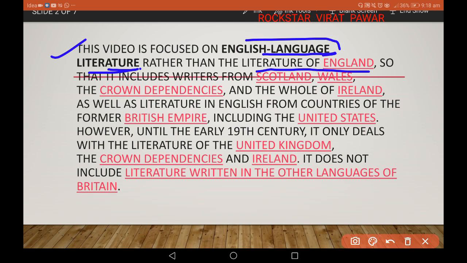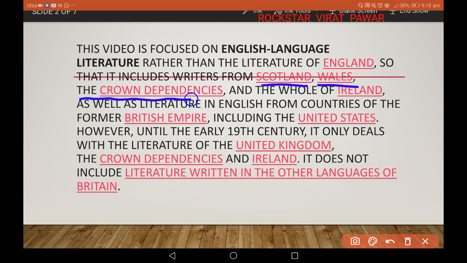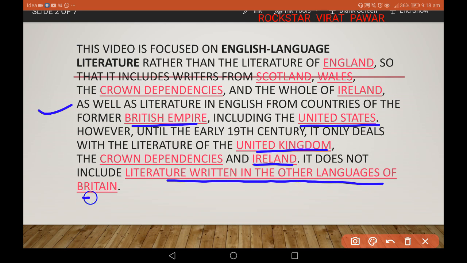So it includes writers from Scotland, Wales, the Crown dependencies and the whole of Ireland, as well as literature in English from countries of the former British Empire, including the United States. However, until the early 19th century, it only deals with the literature of the United Kingdom, the Crown dependencies and Ireland. It does not include literature written in the other languages of Britain.